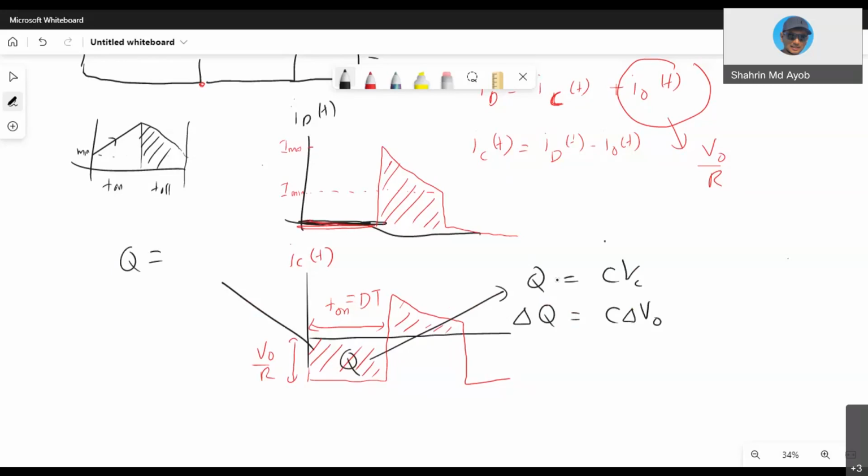This is a rectangle, so V out over R multiplied by dt. That's it. Once you have Q, if you are given delta V out, then you can calculate your capacitor. That's all.